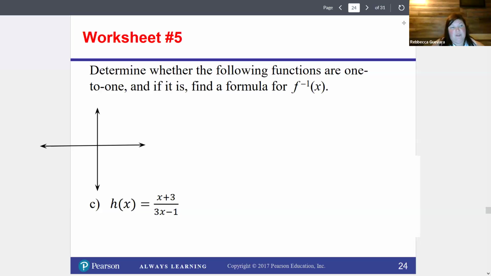So if you were to graph this function, C here, as another rational function, we actually have a horizontal asymptote at about 1/3. And we also have, at about 1/3 again, your vertical asymptote.